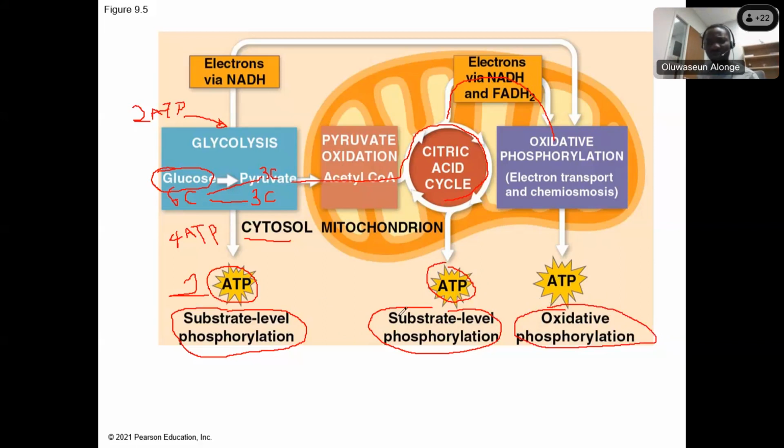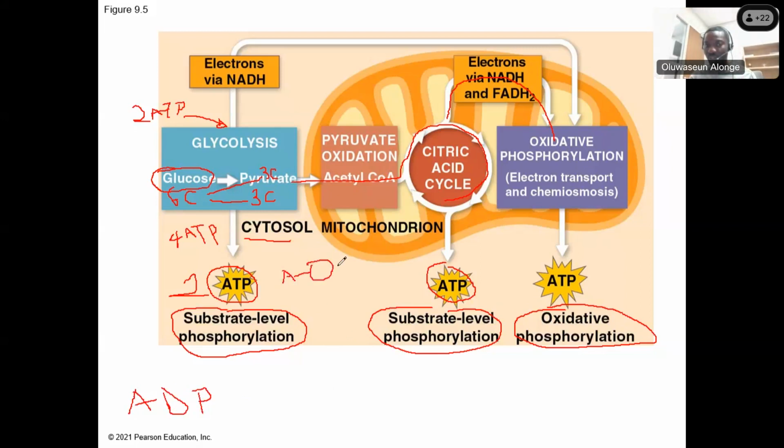Phosphorylation means addition of phosphate. And if you remember from the last part that I did, I told you that in your body you have ADP, which is the residual of ATP that was used before. Because anytime you want to use energy, you are actually using the terminal phosphate on the ATP. So every ATP has 3 phosphates attached to adenine.